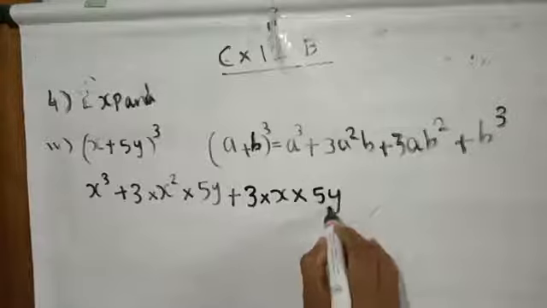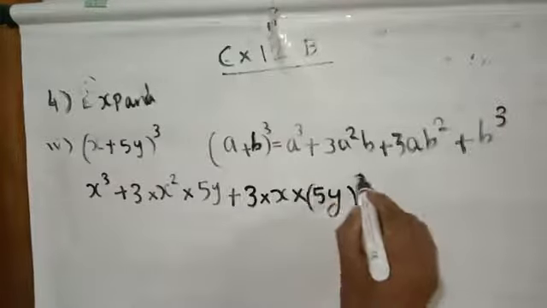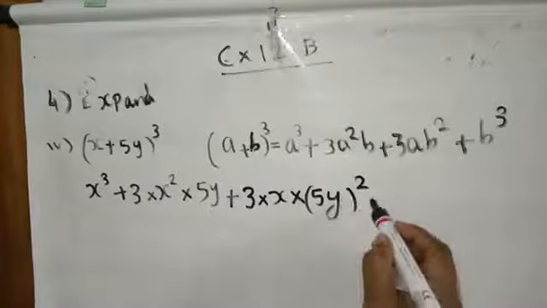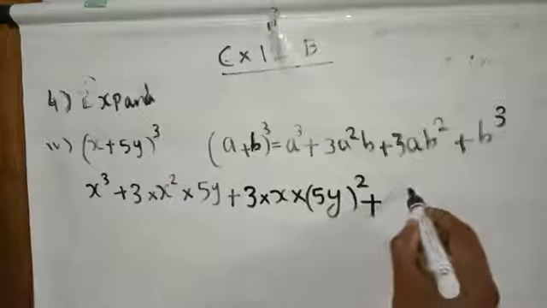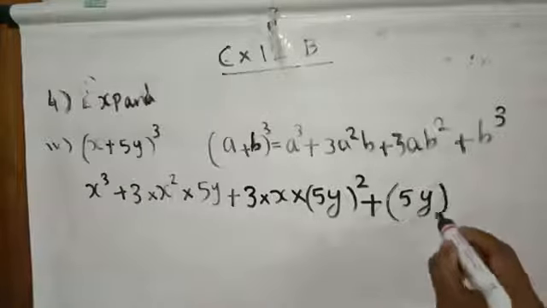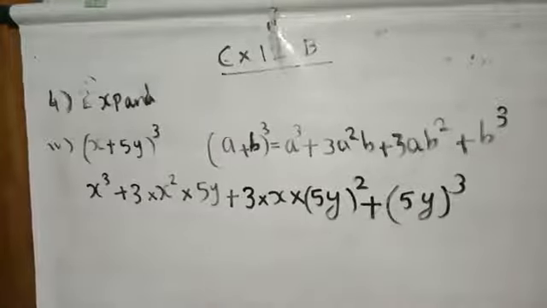Here b square is there, in the equation it is b square. So 3ab square, in the place of b 5y, so 5y square plus b cube. Here b is 5y, so 5y the whole cube.